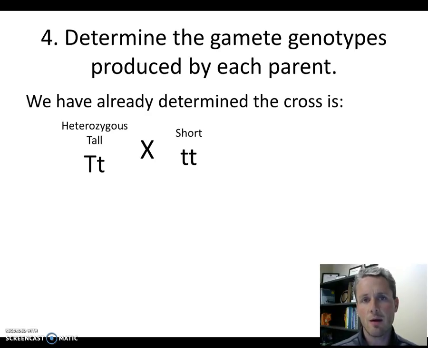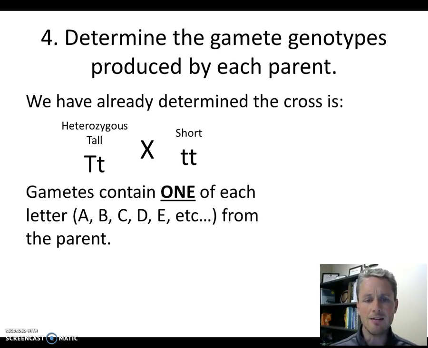Here's the thing I would try to remember. Gametes contain one of each letter from the parent. Sometimes, in some genetics problems, we'll have more than one letter. We'll have T's and S's. When we figure out what belongs in the gamete, they contain one of each letter.